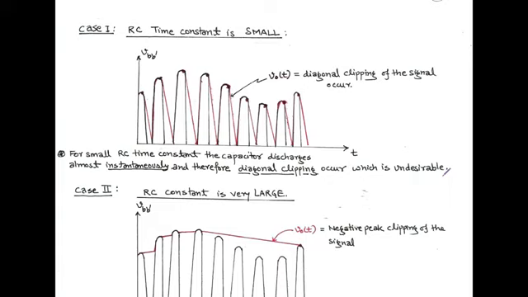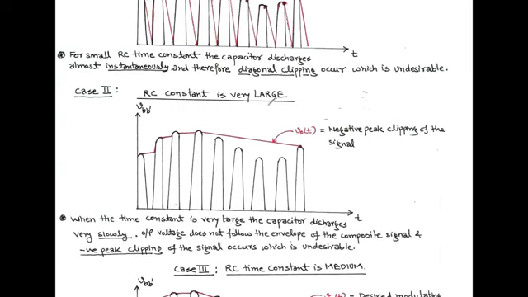So when we consider a very small value of RC time constant, diagonal clipping occurs. So we cannot use a time constant of very small value.